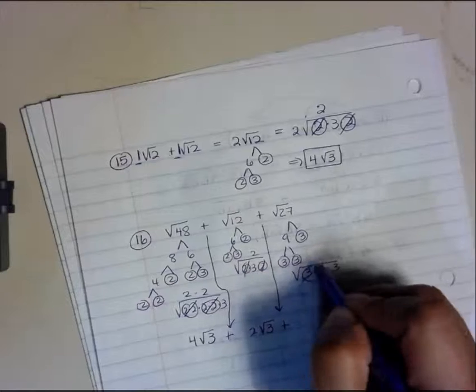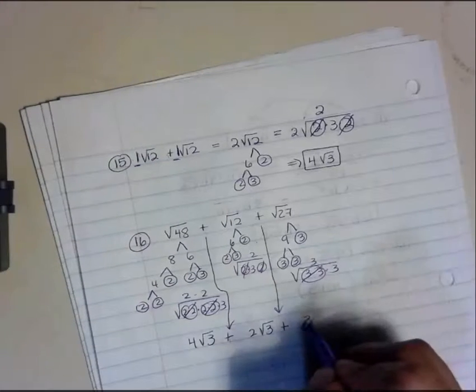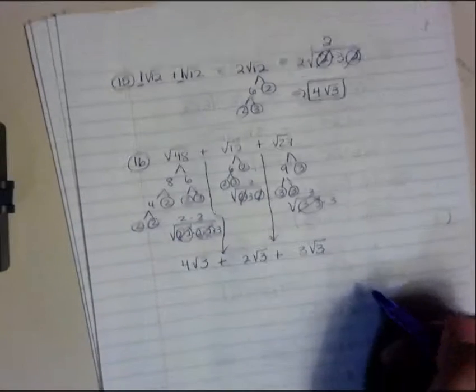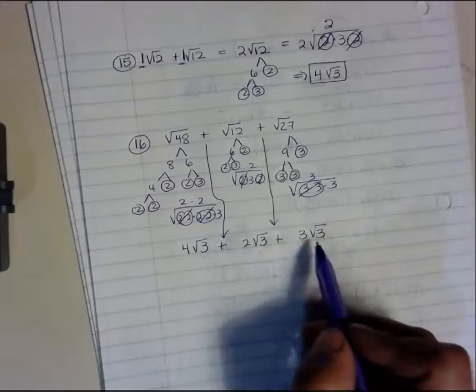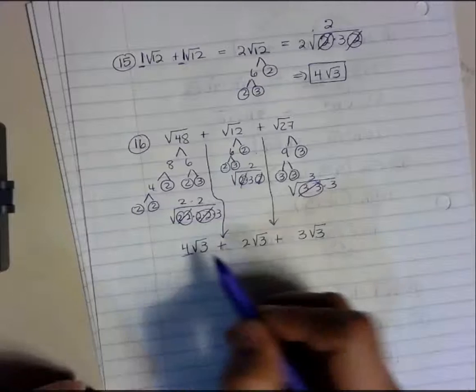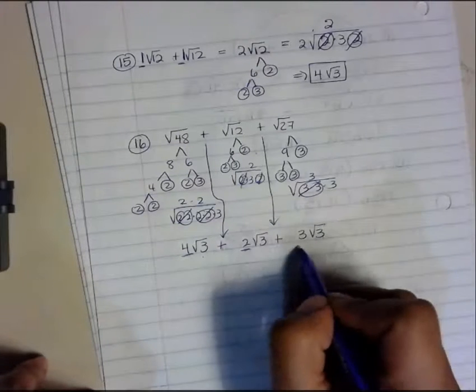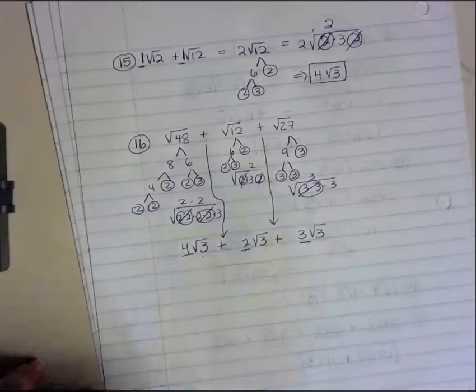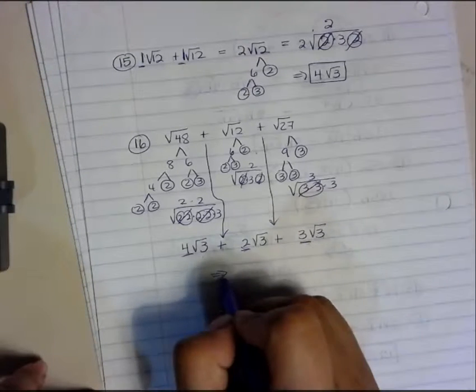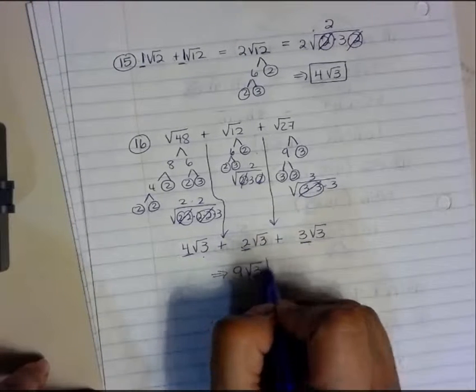A pair of 3's comes out, so this becomes 3 radical 3. And now you look at them and you say, oh, they're all like terms, so we just add them. Remember, when you add them, you're focusing on the front number. So 4 plus 2 is 6, plus 3 is 9. So your final answer is 9 radical 3.